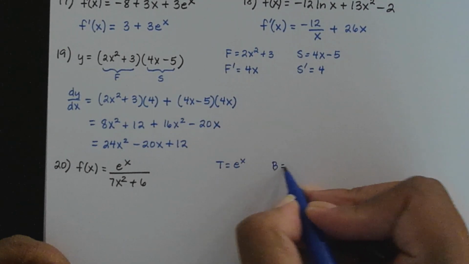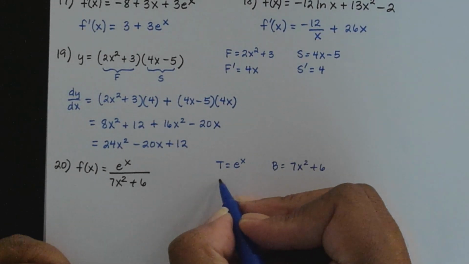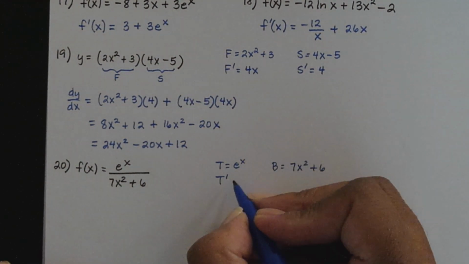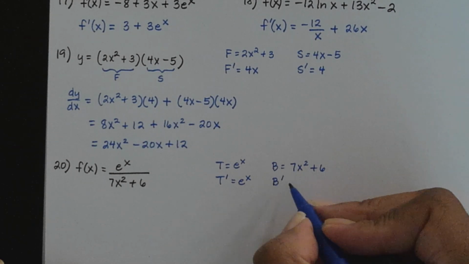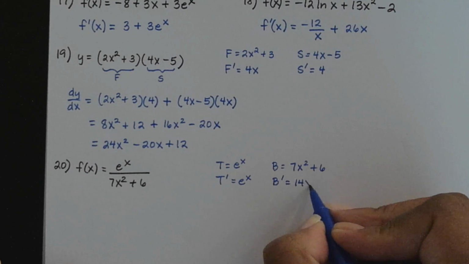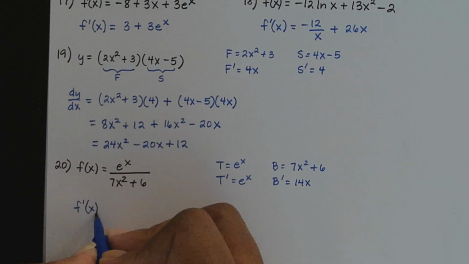The bottom is the denominator, 7x squared plus 6. If the top is e to the x, what would be its derivative? E to the x. The bottom is 7x squared plus 6. What would be its derivative? 14x.